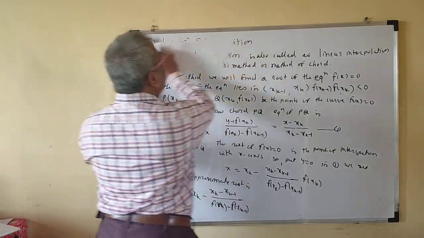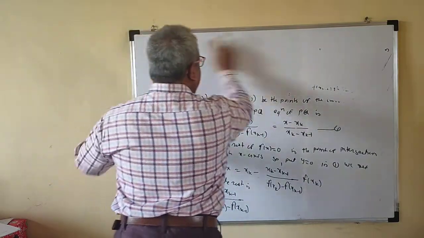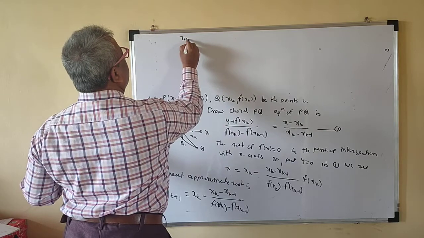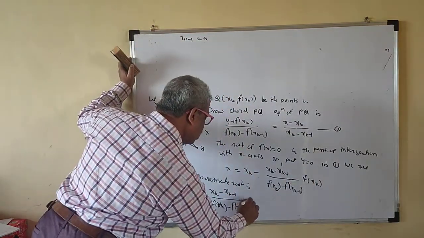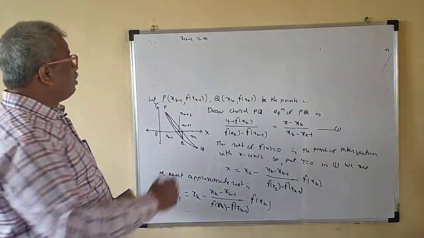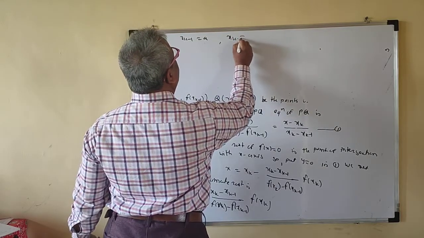If you want to write this formula in terms of a and b, I will call x_{k-1} as a and x_k as b.